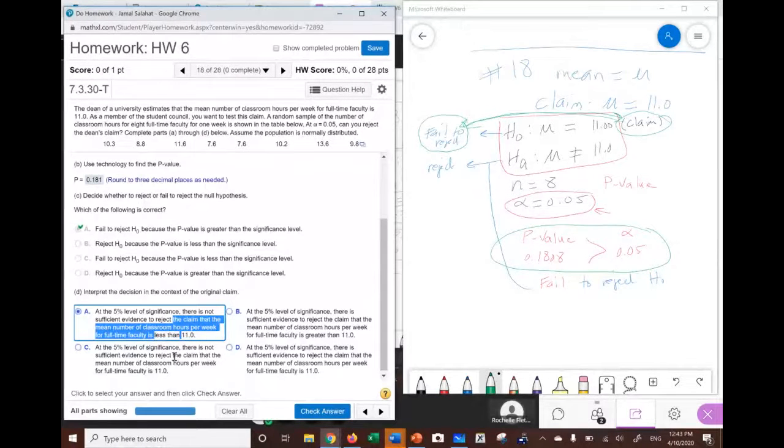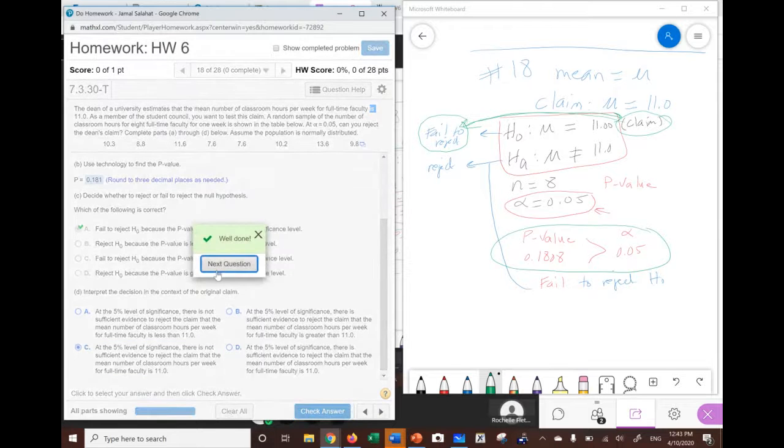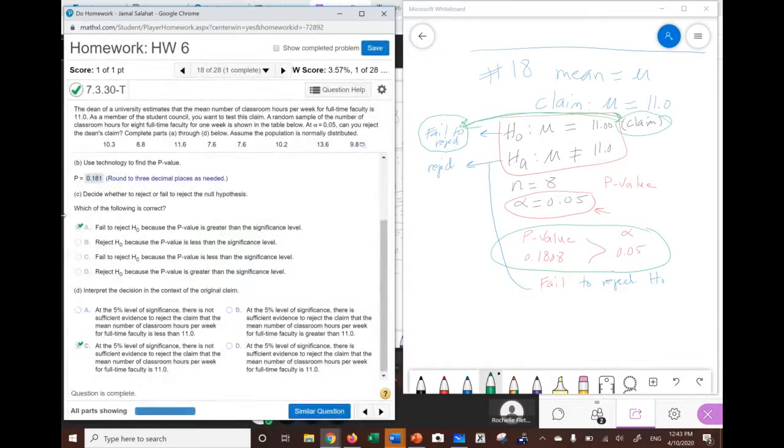Now in C, it says it is the claim that the mean number of class hours per week for full-time faculty is. Notice going back to our problem, here the claim is saying is. So it is a match of C. So C is our correct answer.